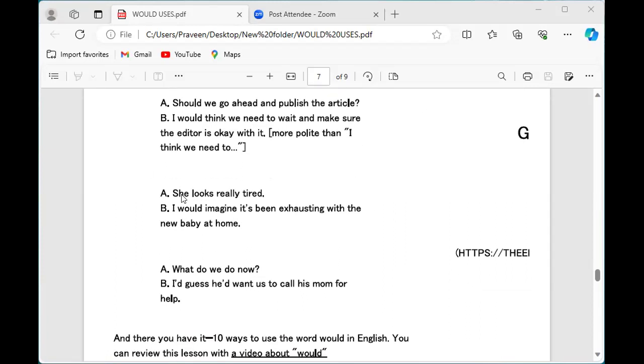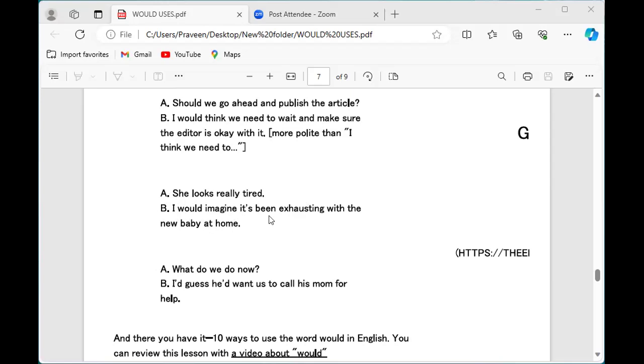She looks really tired. I would imagine it's been exhausting with the new baby at home. So she looks really tired because she has a new baby. This person can imagine her situation at that moment.